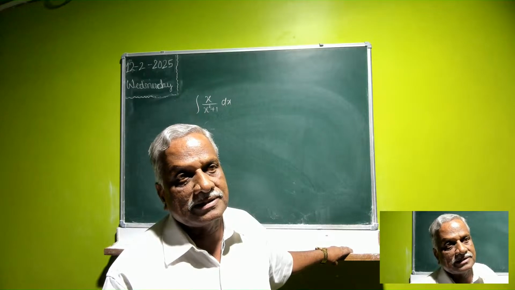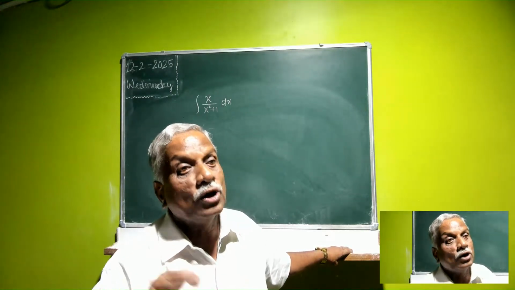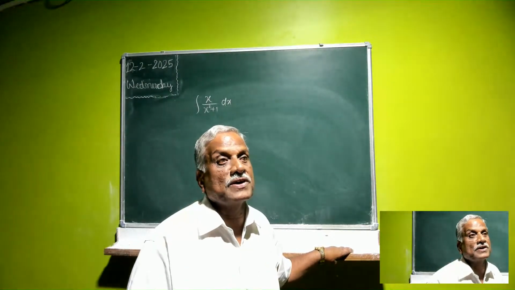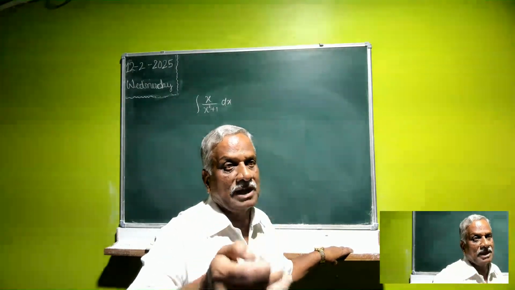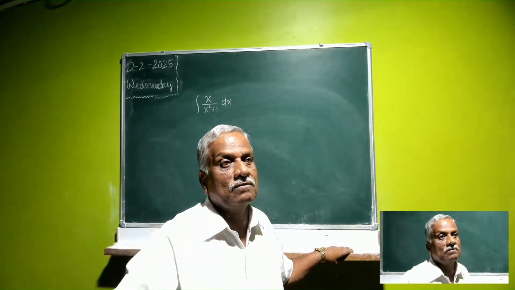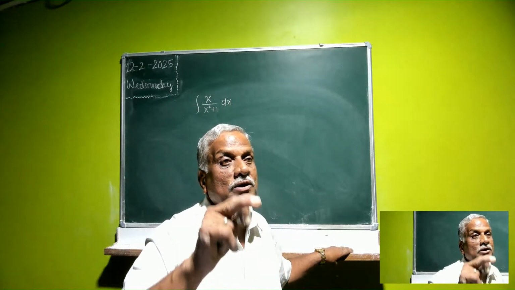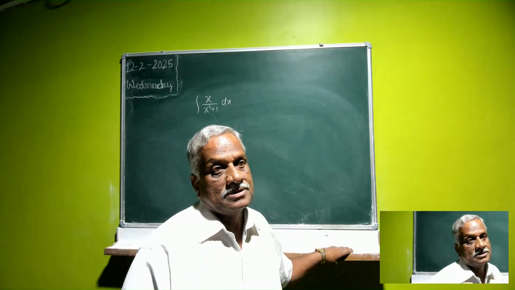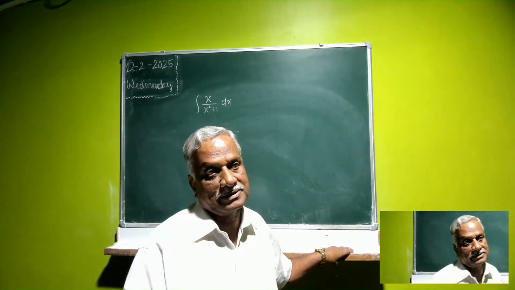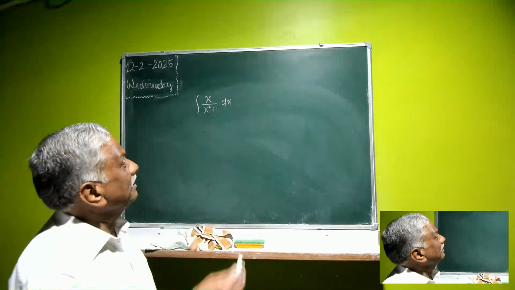The exception is when the function is an inverse function or a logarithmic function. Because when I differentiate an inverse function, for example sin inverse x, I get 1 over root of 1 minus x square. The derivative goes to the denominator in case of an inverse function. Similarly, in case of a logarithmic function, if I differentiate log x, I get 1 by x. Except those two, whenever a problem is given, you take the denominator as t.